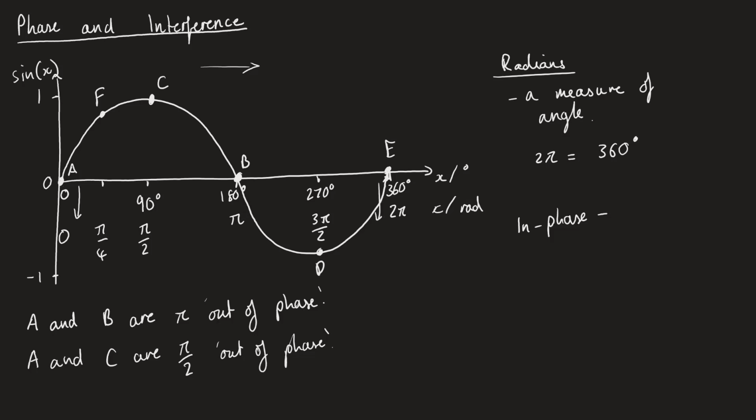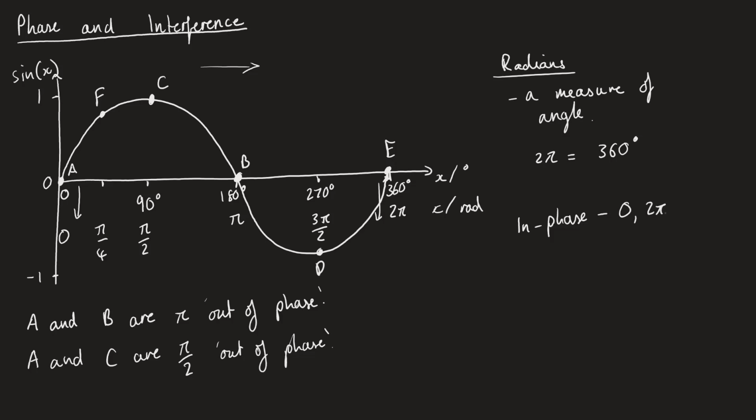We would say A and E are in phase with each other because they're doing exactly the same thing, and they will follow the exact same thing for all the time of propagation. So A and E will always be performing the exact same movements. Okay. And for that reason, if you're in phase, it means you're either 0 pi apart, meaning you're literally on top of each other.